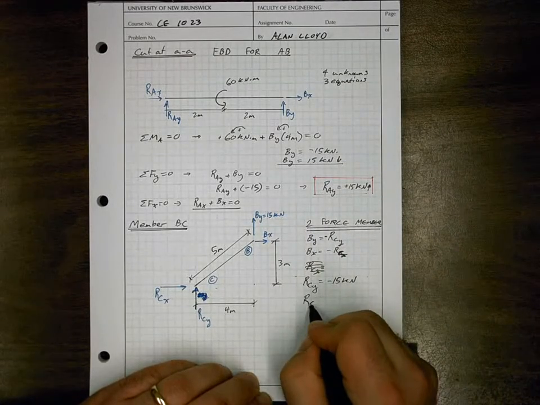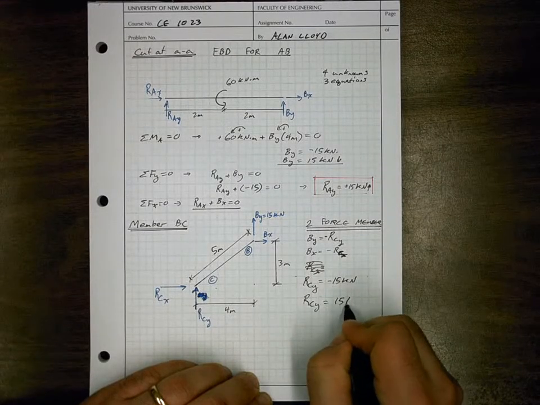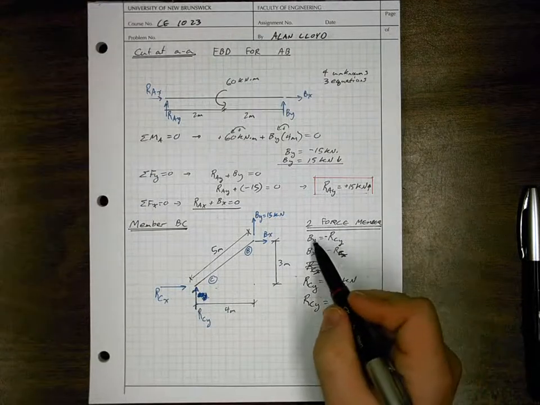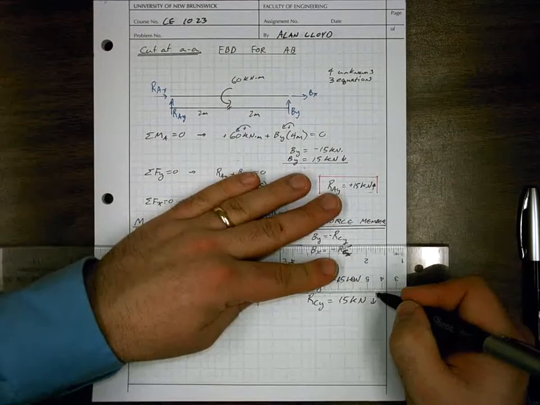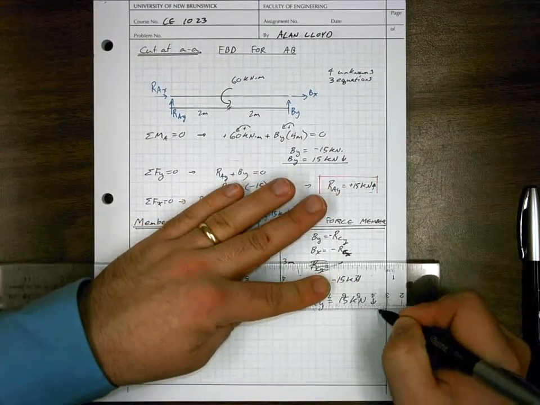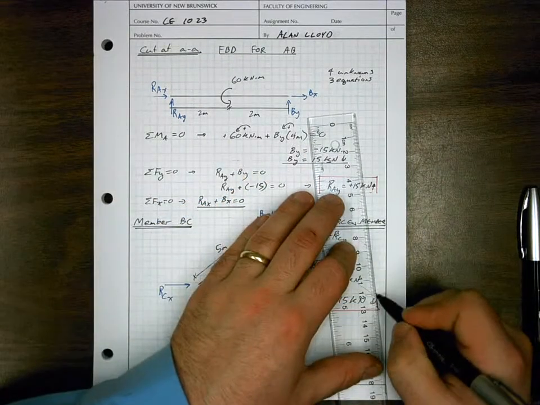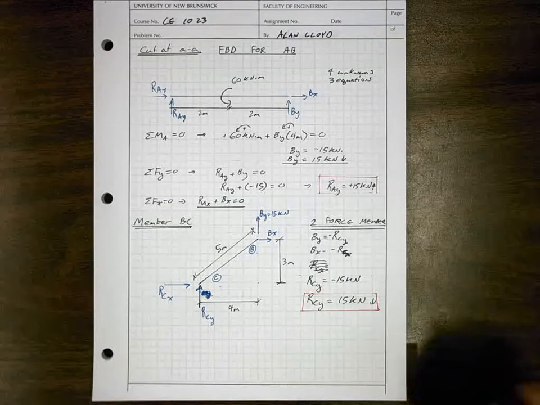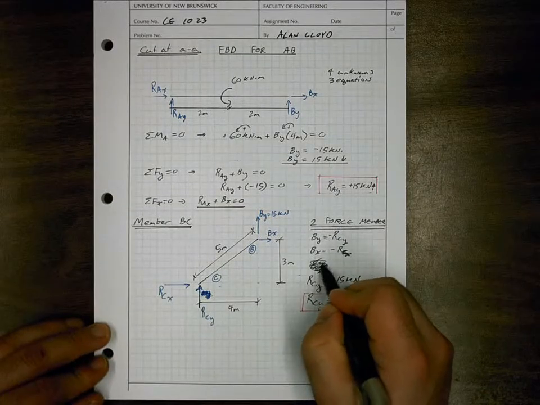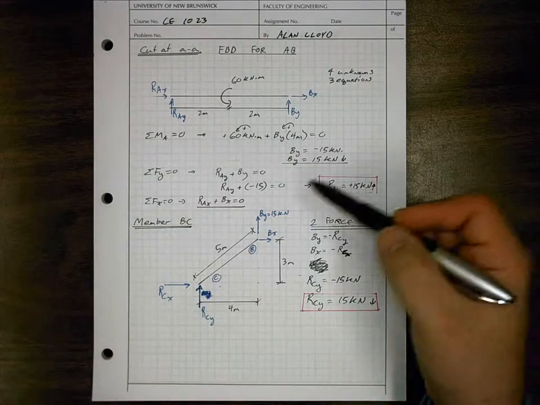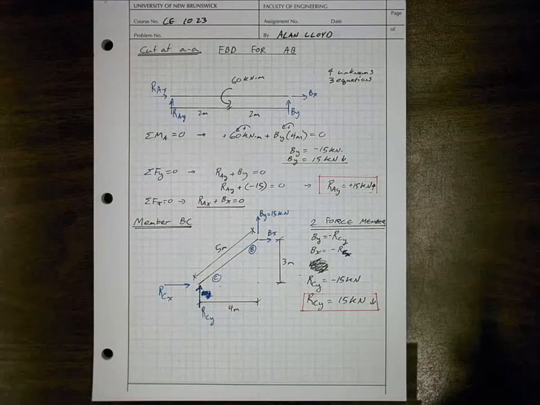This means that RCy is equal to 15 kilonewtons acting down. And that's because of this equation here, By is equal to minus RCy. So we know that because it's a two-force member. Alternately, we could take the sum of forces in Y is equal to 0, and we would see that By has to equal minus RCy.